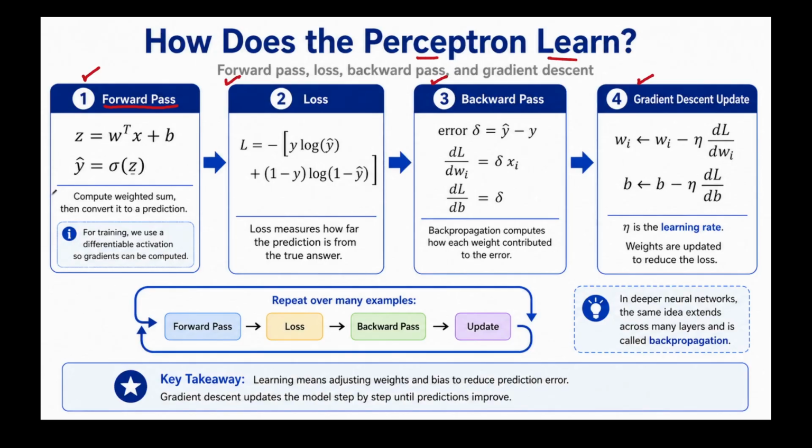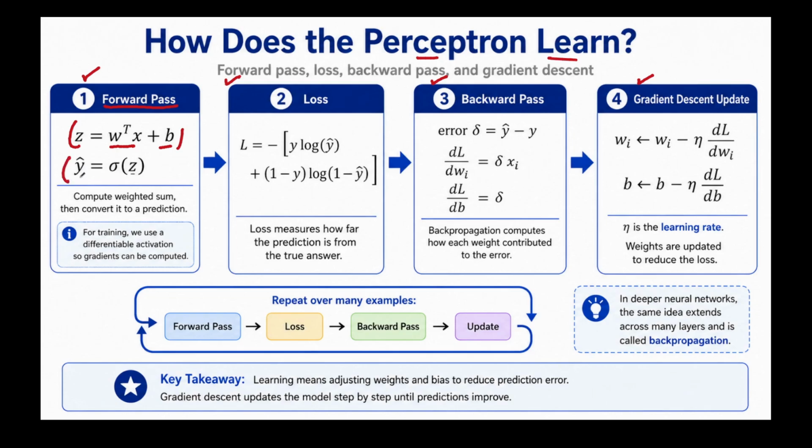In the forward pass, the model takes the input value and calculates the weighted sum. The formula is the same as we discussed in the previous slide. z equals w transpose x plus b. This means we multiply the inputs with their weights and add them together, and then add the bias. After that, we apply an activation function.